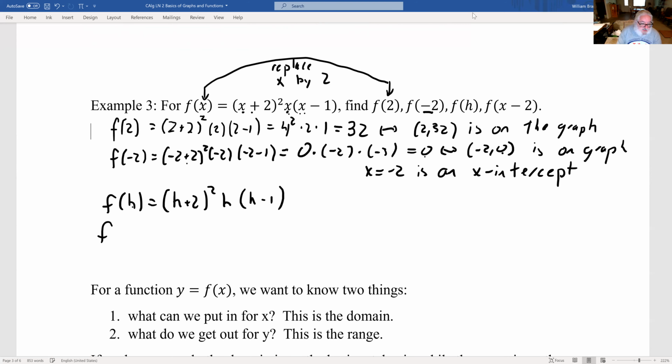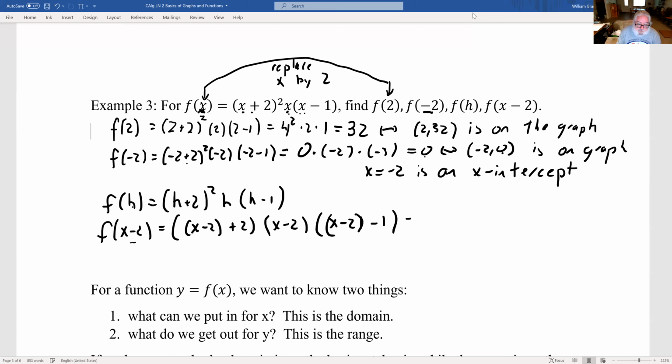What about f of x minus 2? What that means is I'm taking this x and I'm replacing all the x's by the quantity x minus 2. And when we're replacing things with kind of complex expressions, like things with subtractions in them, I'm going to put it all inside of parentheses so I don't screw up the order of operations. x minus 2 minus 1.